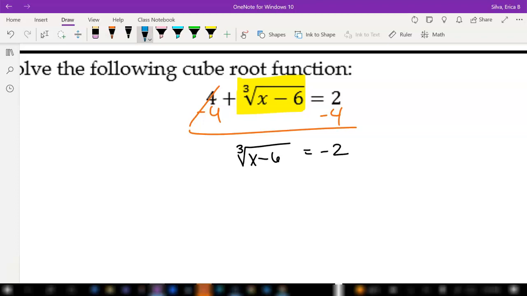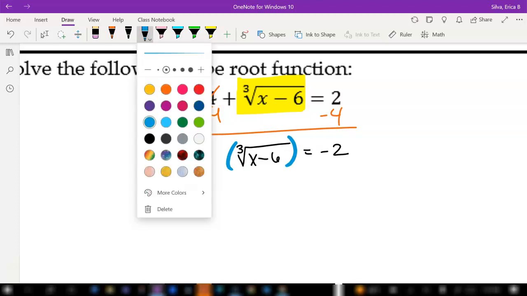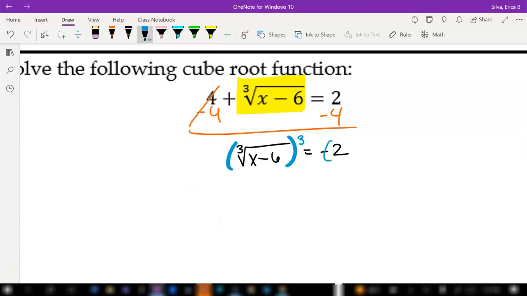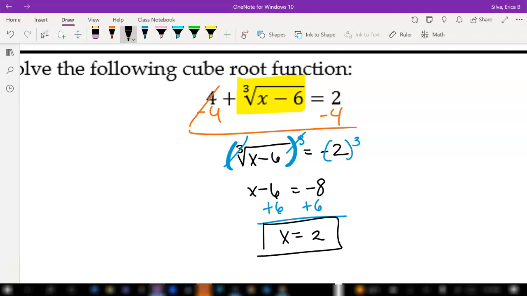We get -2, and now that the radical is isolated, we can cube both sides. The cube root cancels this cube. And then -2 to the third power is -8. Now we can solve for x by adding 6, and x is equal to -2.